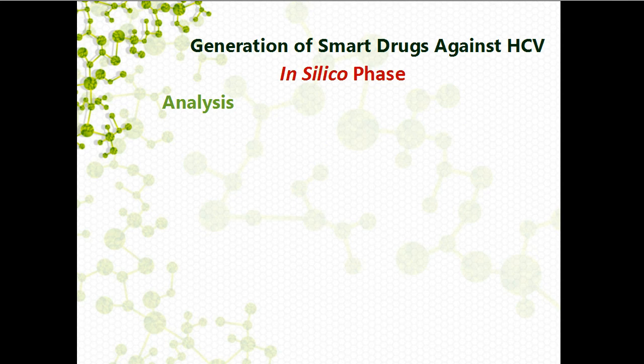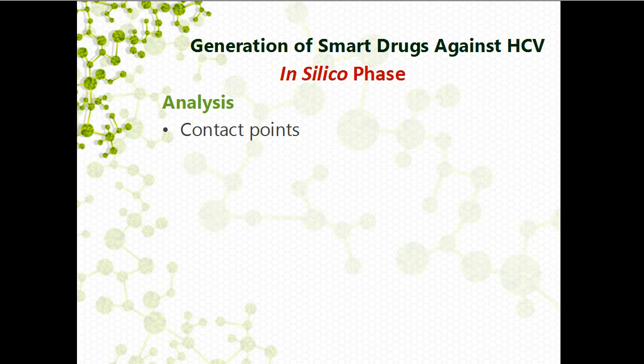So the third step in the in silico phase would be the analysis. You need to analyze your results based on certain criteria of selection that you predetermine. So you will start analyzing the data and determining the virtual screening hits based on specific criteria of selection that you have in mind.